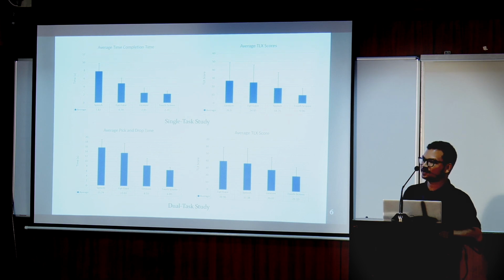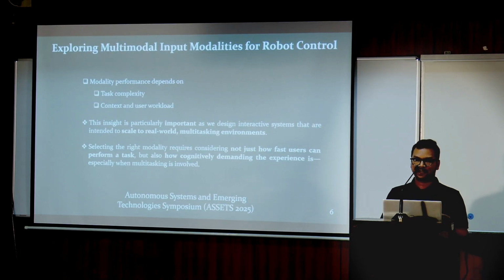Coming to the results section, what we have found is that the average task completion time is consistent across the two tasks. But when you look at the cognitive load, you see that gesture has the highest cognitive load in the single task study, while in the dual task study, eye gaze has the highest cognitive load, and the other modalities are in between, which concludes that the effectiveness and suitability of a particular modality does not depend only on the user interface or user choices, but also on the task complexity and the context.